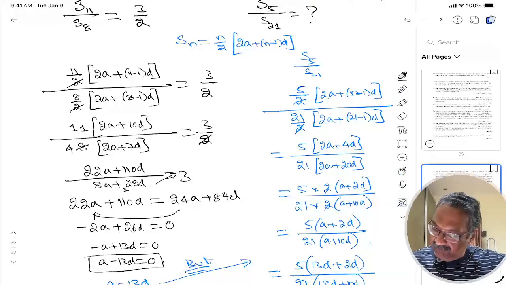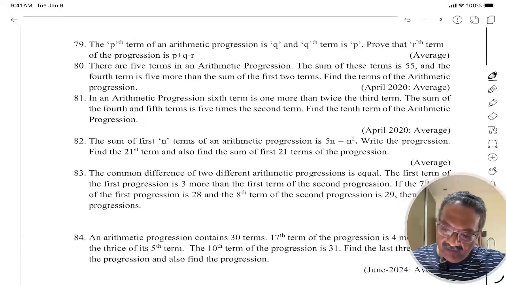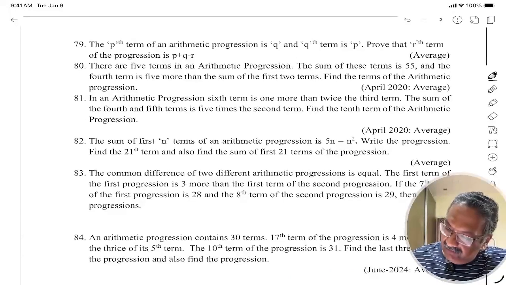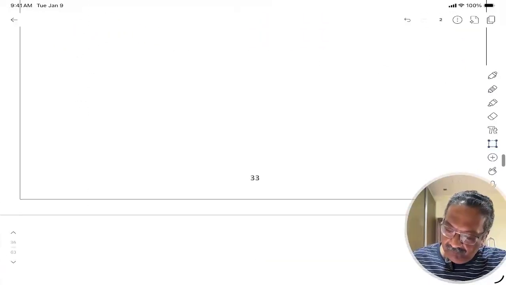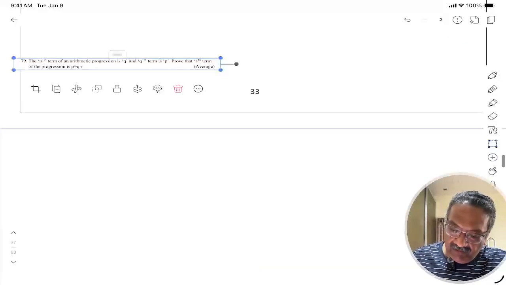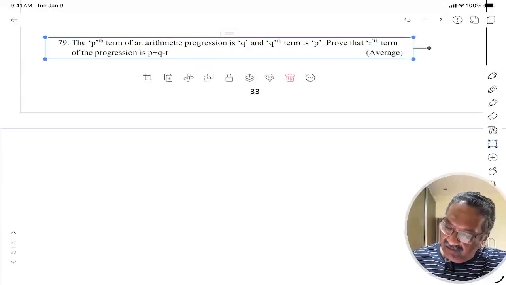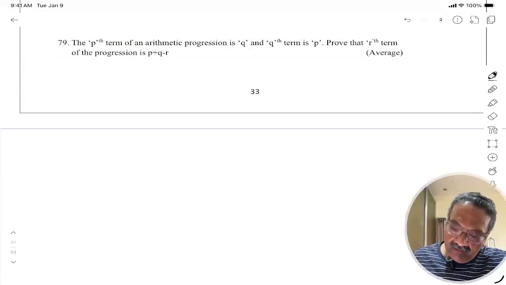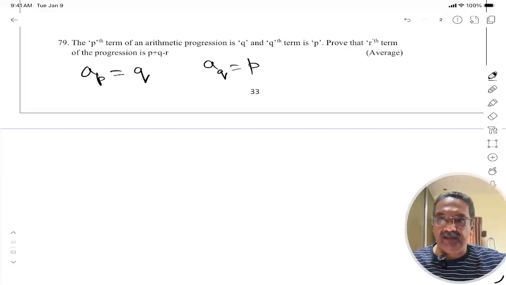79th question. Let me take this. What does the 79th question say? The pth term of an AP is Q. Let's write it down. The pth term, so Ap is equal to Q, and the qth term is P. So Aq is P. Okay.